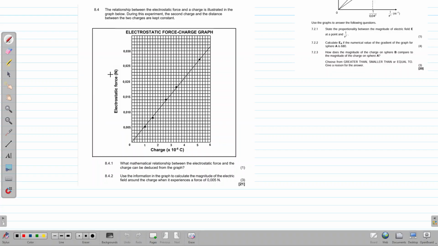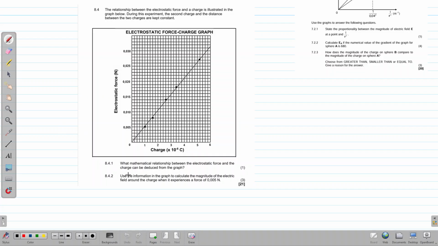So we have the electrostatic force on a particular charge due to some other charge that doesn't change, at a particular distance, which is also kept constant. So then we change the charges here, and then we measure the electrostatic force. So this is 1 microcoulomb, and here that's 2 microcoulombs, 3, 4, 5, 6, and so on. And then we measure the electrostatic force due to some other charge there.